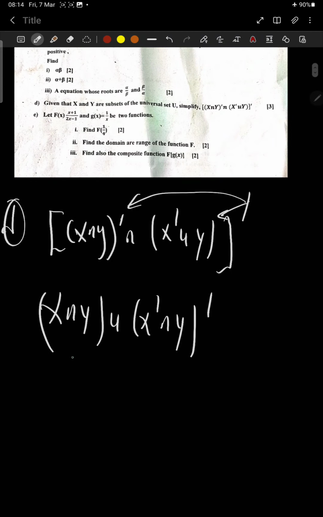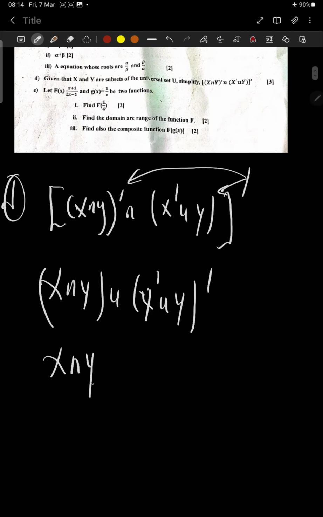Okay? Then after this, something will change here. Oh, this is union, sorry. This is union, it will remain the way it is as union. X complement union y. After this, this will be x intersection y union x intersection y, alright? Union.